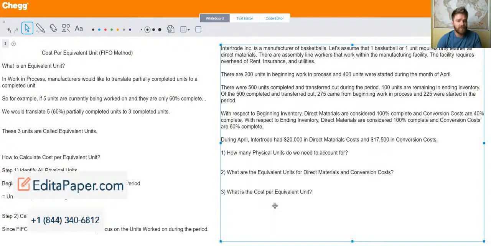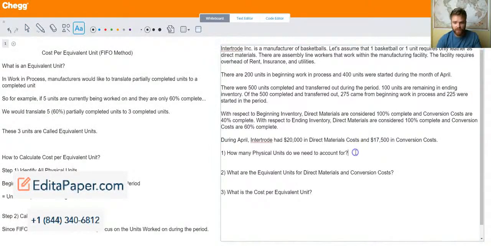So we know that 100% is complete in regards to leather, and only 40% have been complete in regards to labor and overhead, or what they call conversion costs. With respect to ending inventory, direct materials are considered 100% complete and conversion costs are 60% complete. So during April, Intertrode had $20,000 in direct materials costs and $17,500 in conversion.